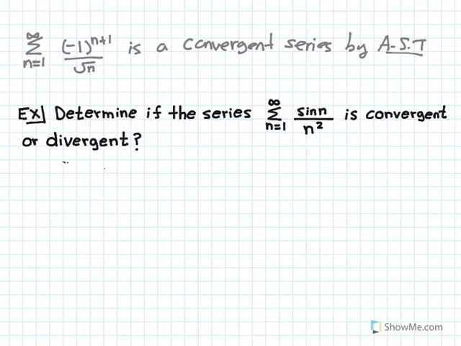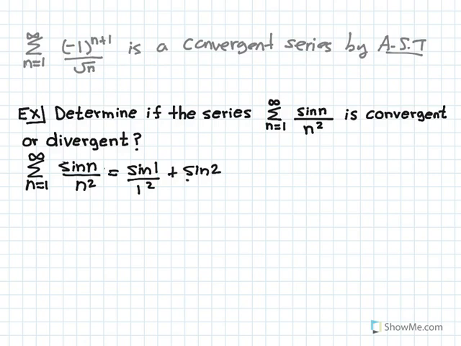Determine if the series summation n equals 1 to infinity sine n divided by n squared is convergent or divergent. Let's expand out the series. Plug in n equals 1, we get sine 1 divided by 1 squared plus sine 2 divided by 2 squared plus sine 3 divided by 3 squared plus sine 4 divided by 4 squared.